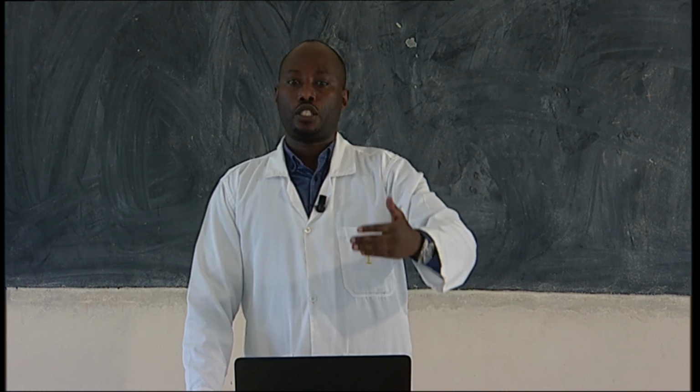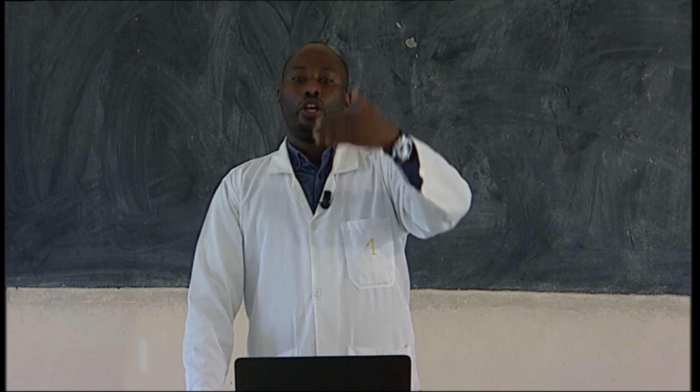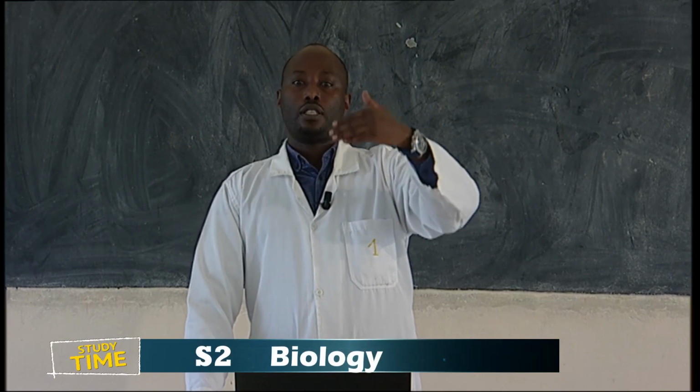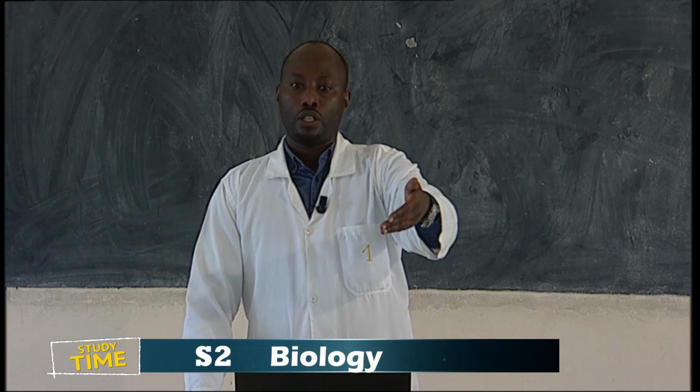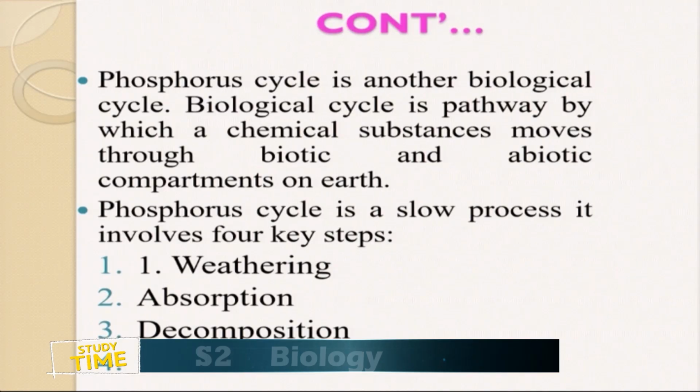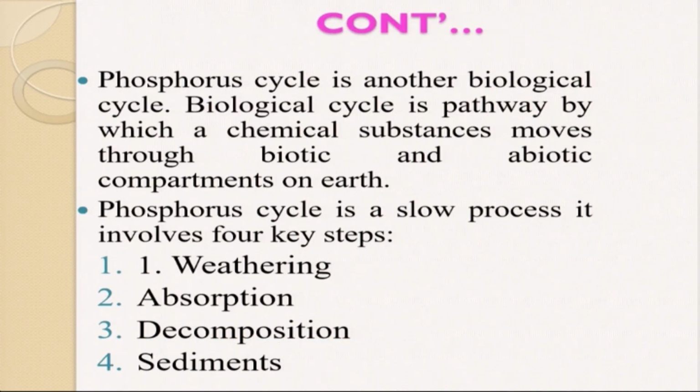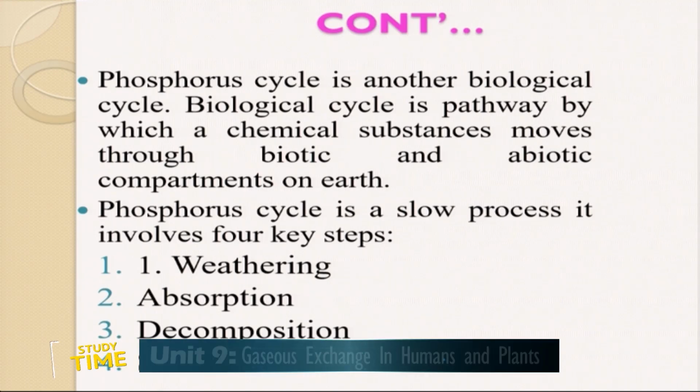Rain washes the phosphorus away from the rocks and carries it to the water bodies, and that is weathering. That makes the phosphorus saturate on the earth.